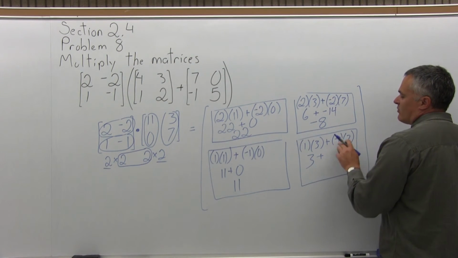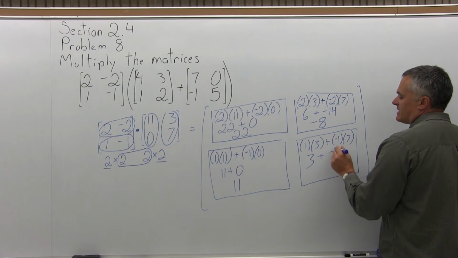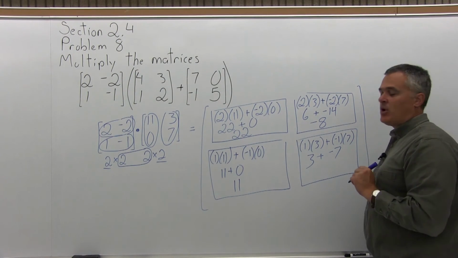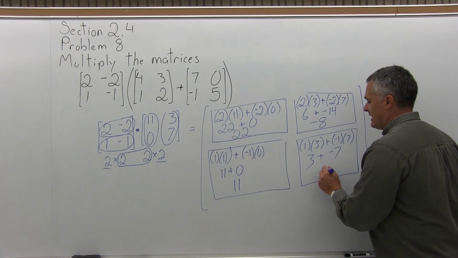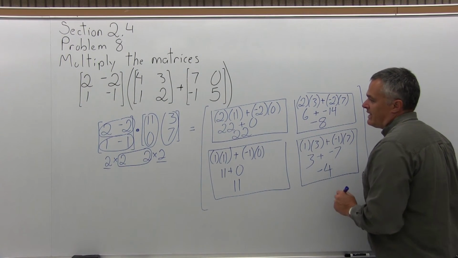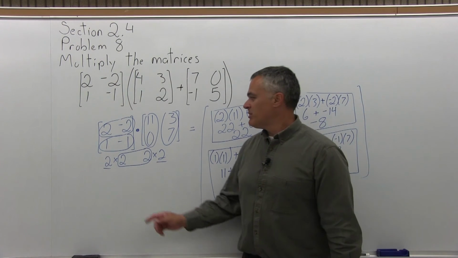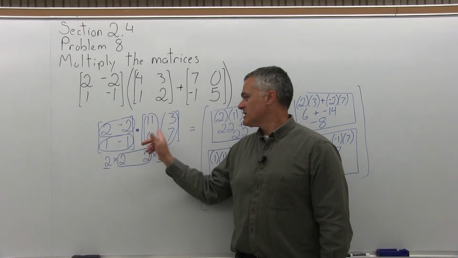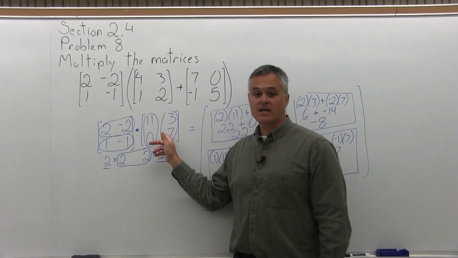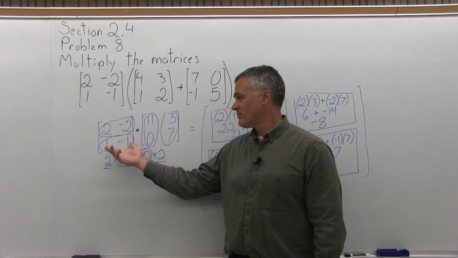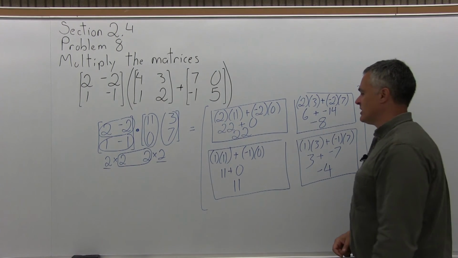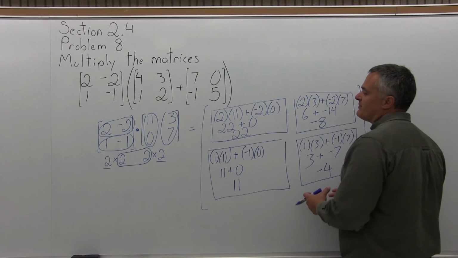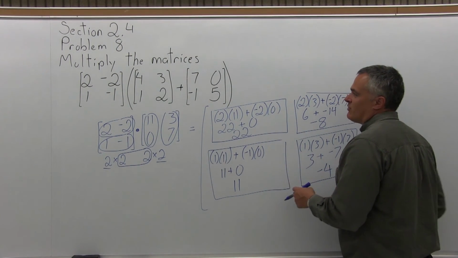And then negative 1 times 7 for the second times second is negative 7. Positive 3 plus a negative 7 is really 3 minus 7, which is negative 4. And as I usually point out, I multiply the bottom row of the first matrix times the second column of the second matrix, so I put the result from that work in the bottom row and second column of the solution. So now that is the solution, but you usually don't write it with all the work.